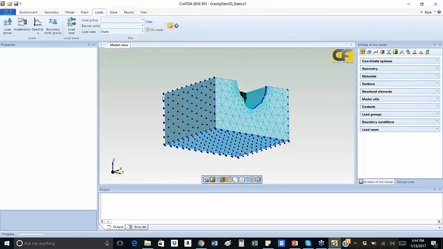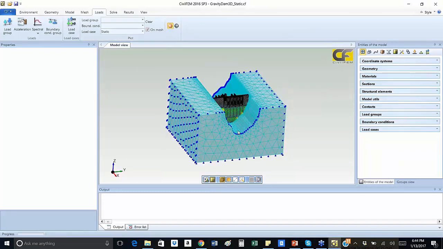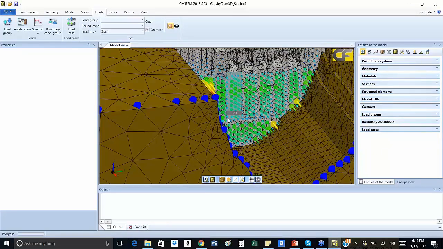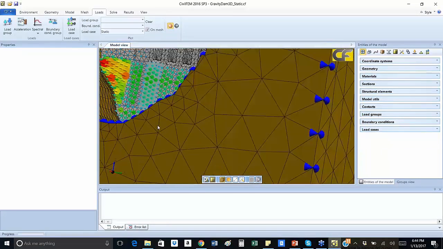Now we'll see the applied hydrostatic pressure on the dam in the lower portion of the model.